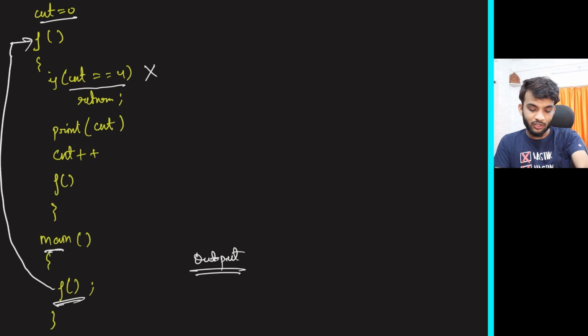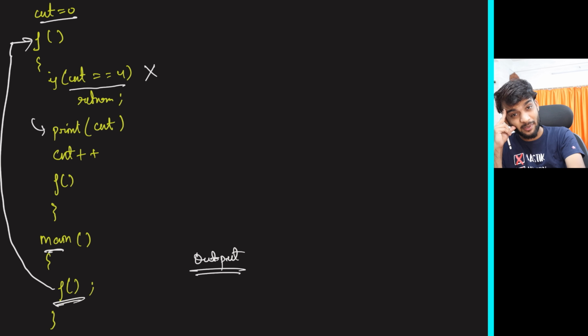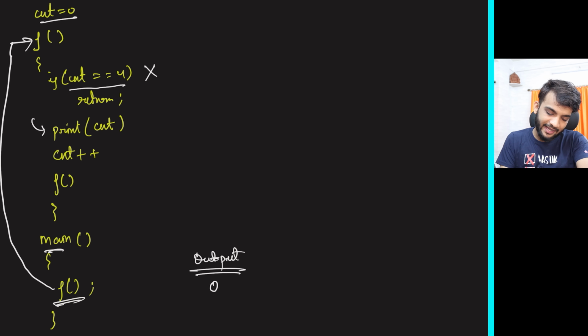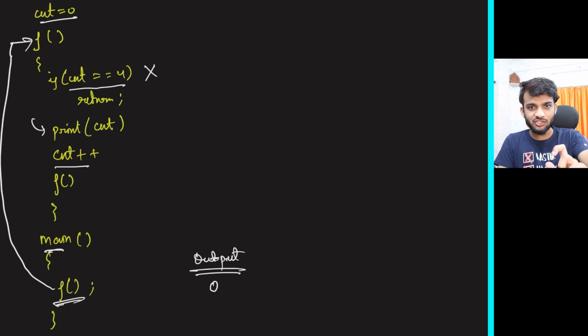Perfect. Next, it goes to the next line which says print count. What's the value of count? The value of count is 0. So you print 0. Correct? Next, counter plus plus. That means counter becomes 1. This line is executed. Next, function has been called.